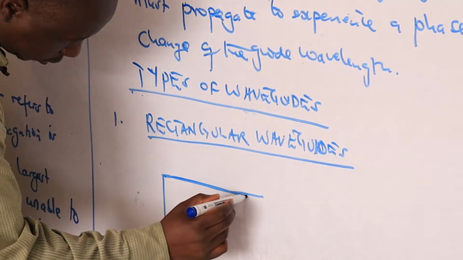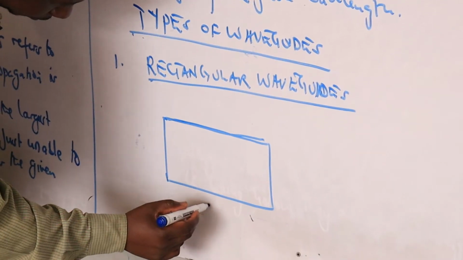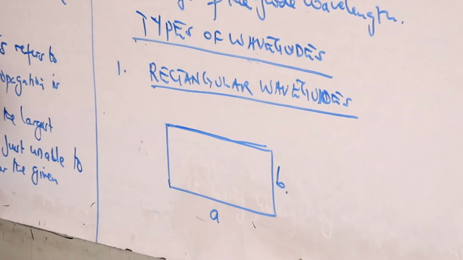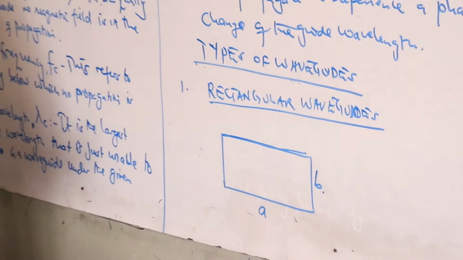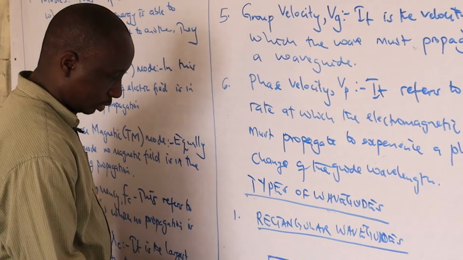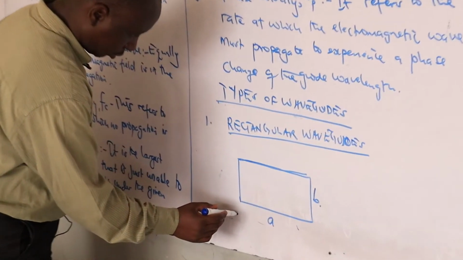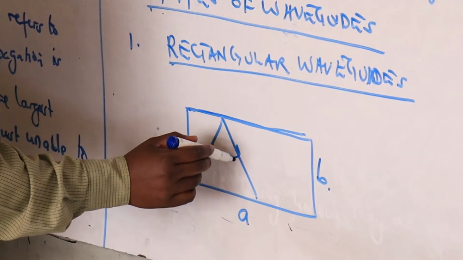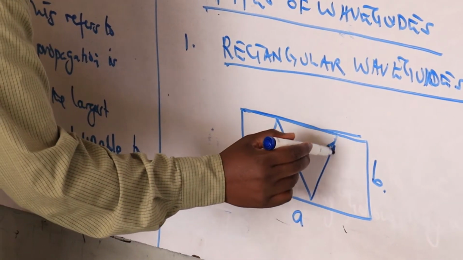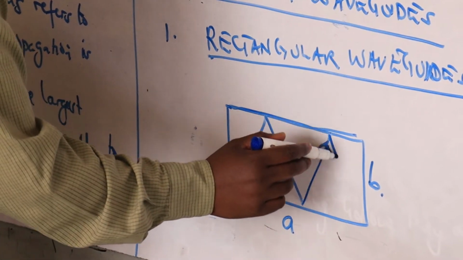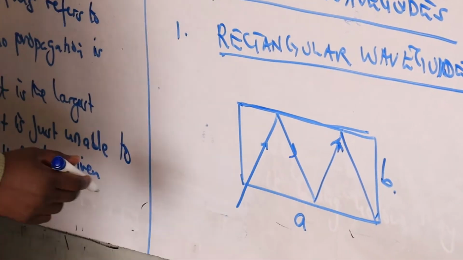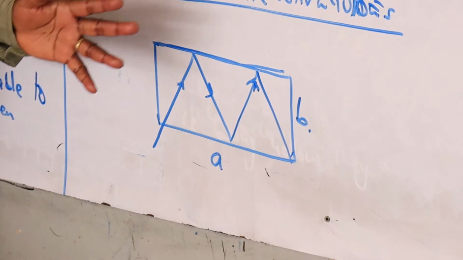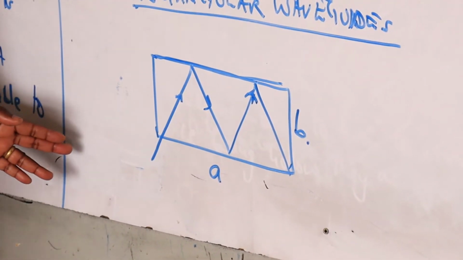This is the longest side A and this is the shortest side B. If you are projecting a signal, it must hit the surface, and because of the total reflection, it shall be moving along that path and propagate towards the end.